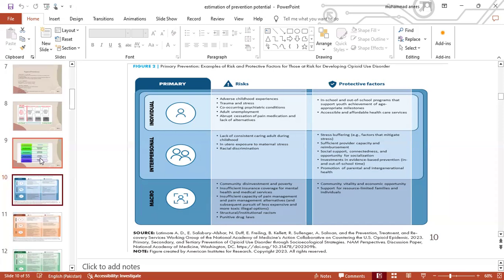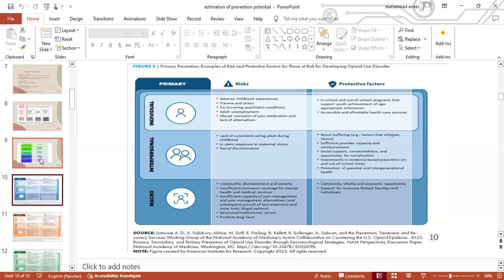At individual level: adverse childhood experiences, trauma and stress. At interpersonal levels: lack of consistent caring adult during childhood, in utero exposure to maternal stress. In case of the macro: community disinvestment and poverty, insufficient insurance coverage for mental health and medical services.